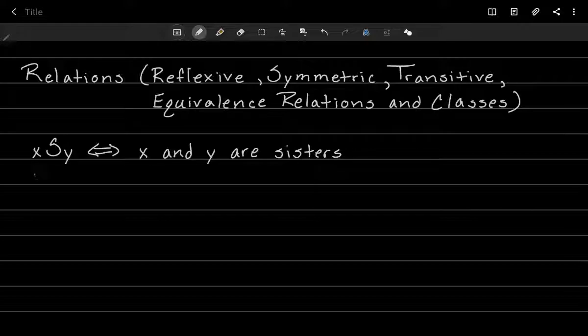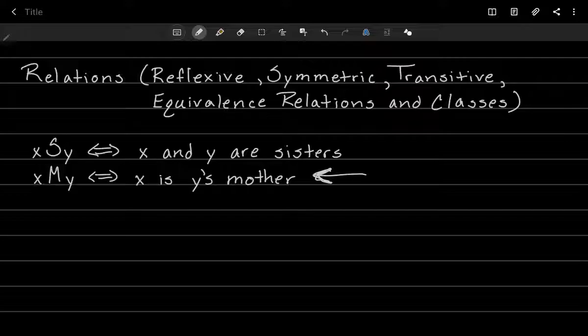Another example could be x M y. Right, so maybe that means x is y's mother. So what we can see here are two relations, relating objects. Now notice in the second one, order is very important, okay?